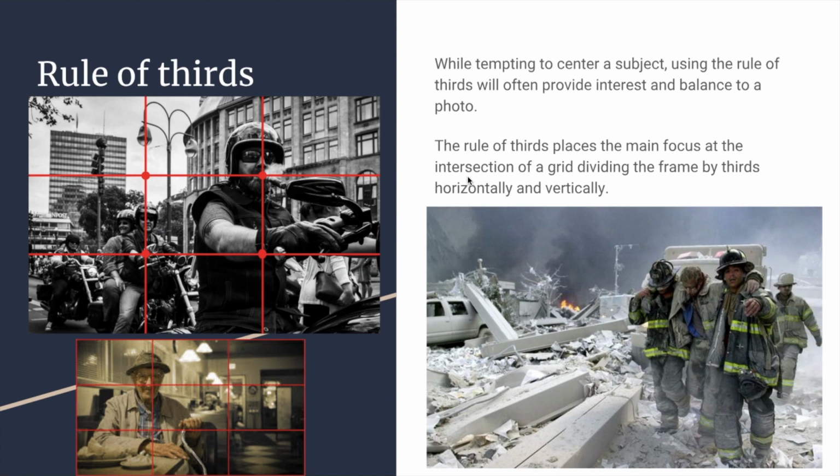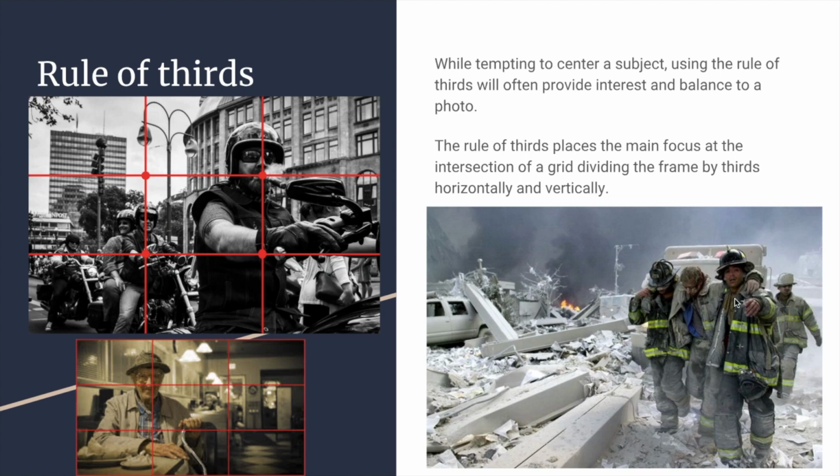And then lastly, I left the grid off of this one. This is another photograph from the aftermath of the attacks on 9/11. We can see that we don't have these three firefighters, even the face of this firefighter, dead center where it could be. It would have been really easy to fill this frame with just these guys' faces. And remember, we just talked about getting close and how important it is to zoom in and get the emotion on the face.